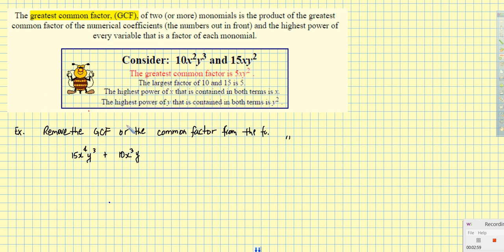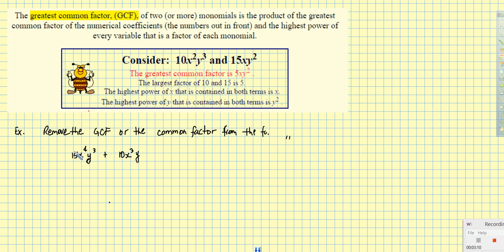Now, how do we apply this to the expressions? Well, let's say that we had the example down here, which is 15x to the 4th y cubed plus 10x cubed y. All right, so the first thing I'm going to do is look for the greatest common factor in terms of the numbers.